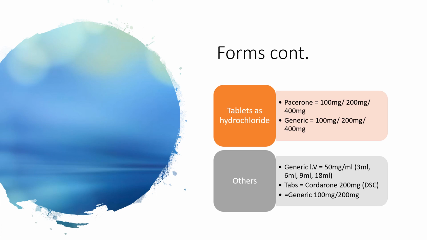Could also come in other forms like generic IV as 50 milligram per ml, or per 3 ml, per 6 ml, 9 ml, or 18 ml. And also in the form of tablets as Cordurone 200 milligram DSC and generic as 100 milligram or 200 milligram in some jurisdictions.